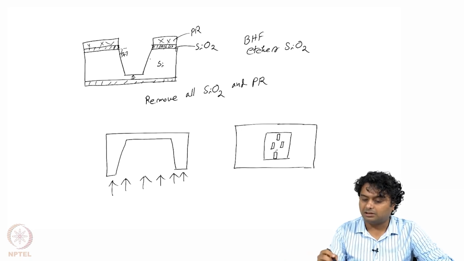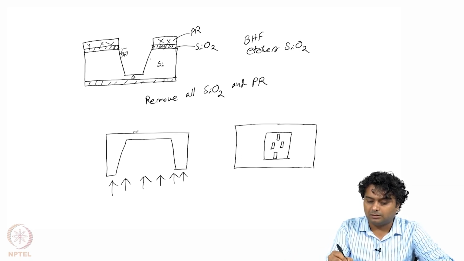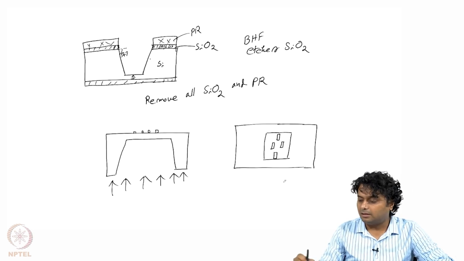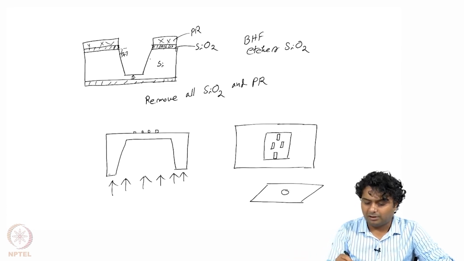Now once we have this structure with piezo resistors made on the top like this, so here the piezo resistors are made. Then we take another silicon wafer or glass plate where we have a hole in the middle, and that wafer we will put at the bottom, and then there will be a pressure port.